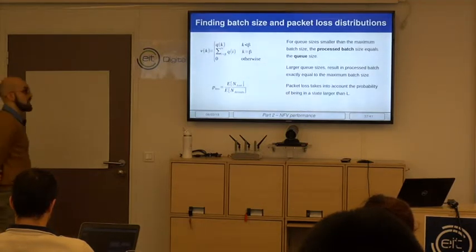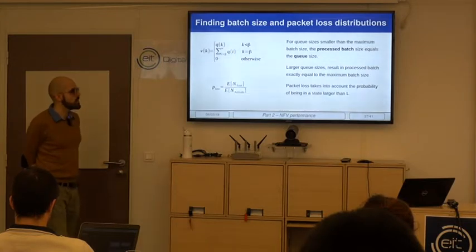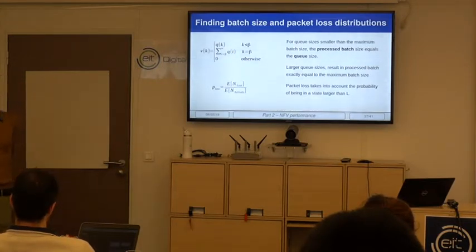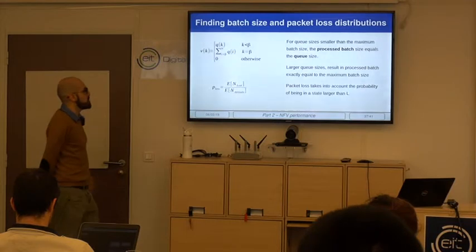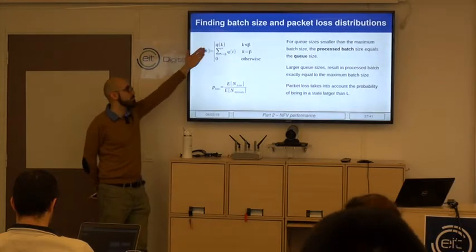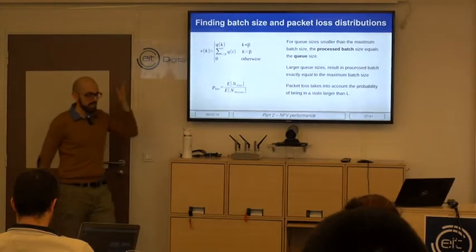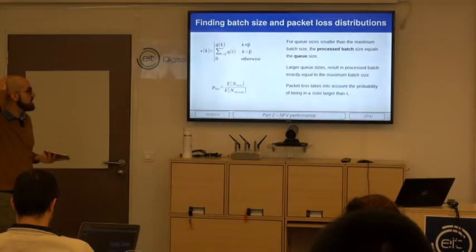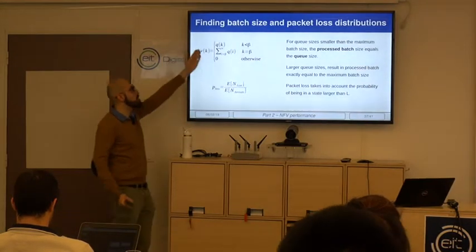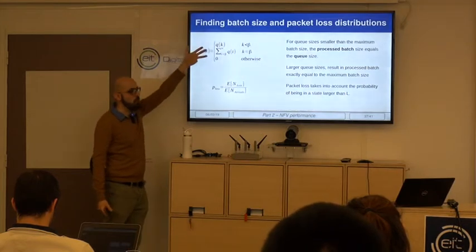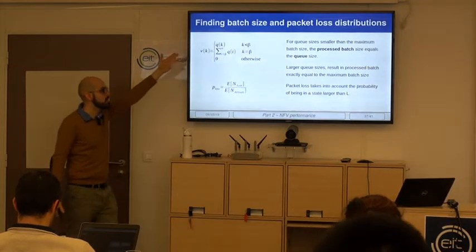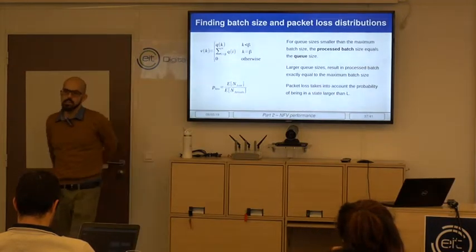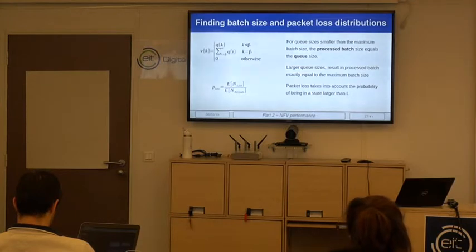So then again, why do we deal with the Q sizes? Because we can easily detect what the batch sizes, the vector sizes, are. In particular, the vector size is exactly the Q size when k is smaller than beta, but we need to take into account all the possibilities, so all the states from beta to infinity when k is exactly the batch size.